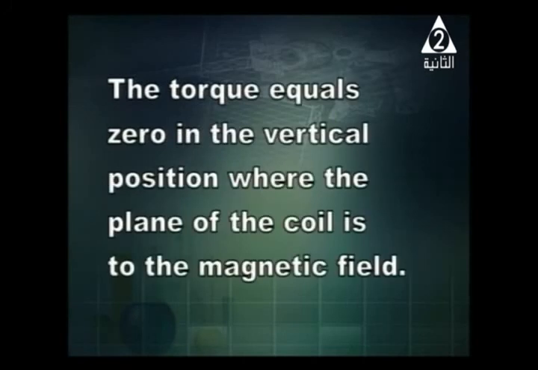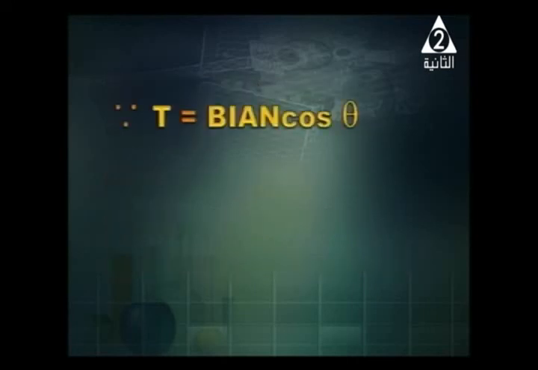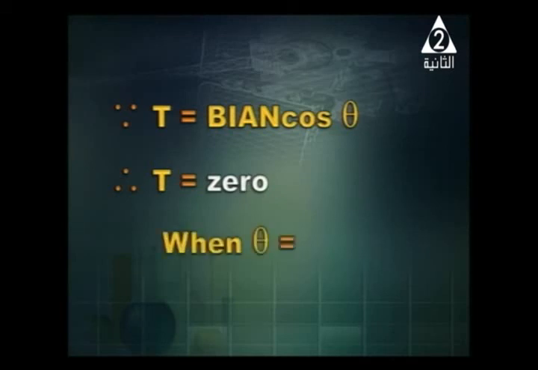Torque equals 0 in the vertical position, where the plane of the coil is perpendicular to the magnetic field. Vertical position means field lines are perpendicular to the plane. Torque is given by the expression BIA cosine theta. Theta is equal to 90. Cosine 90 equals 0, that's why the torque is 0.